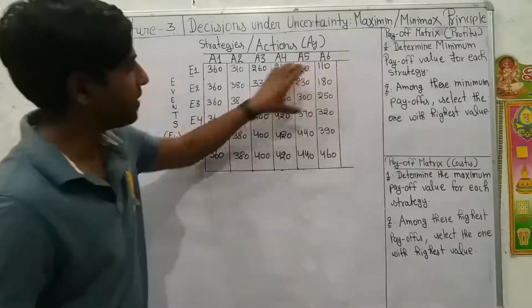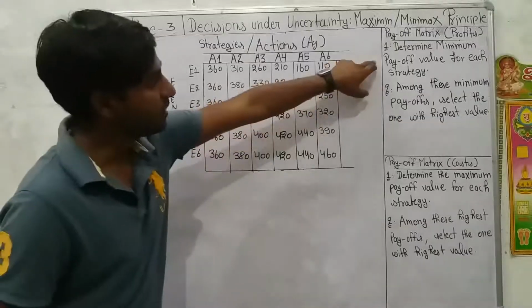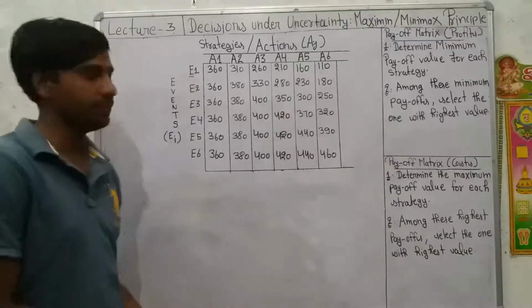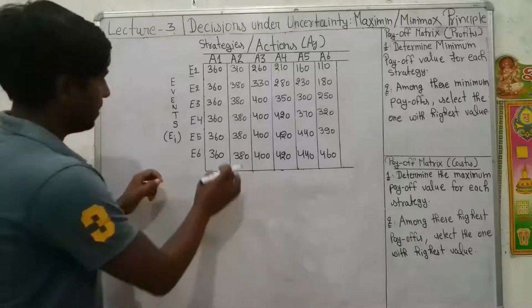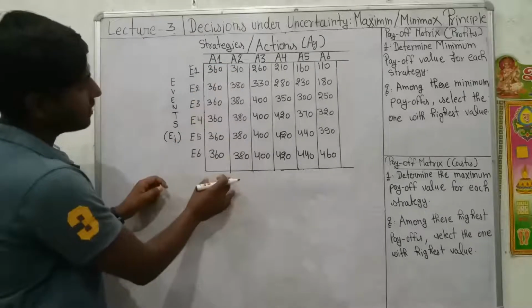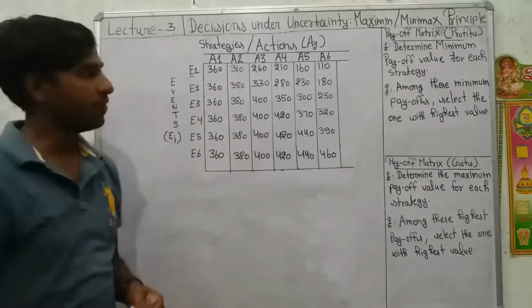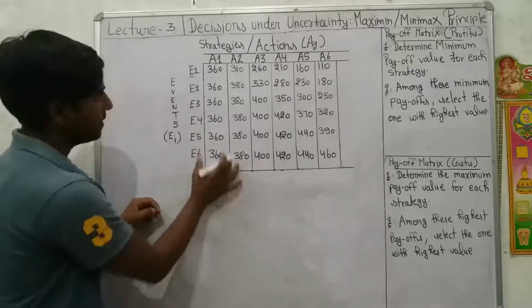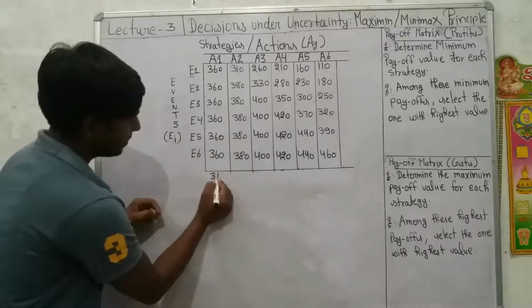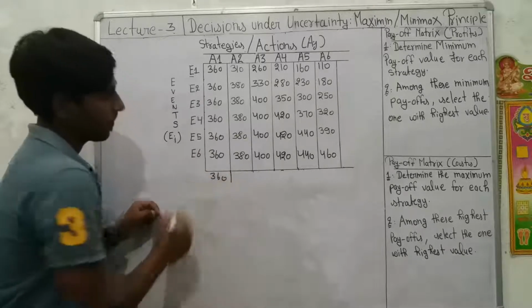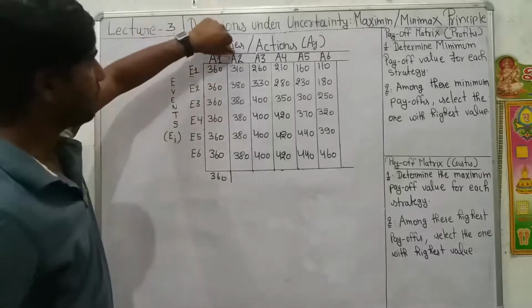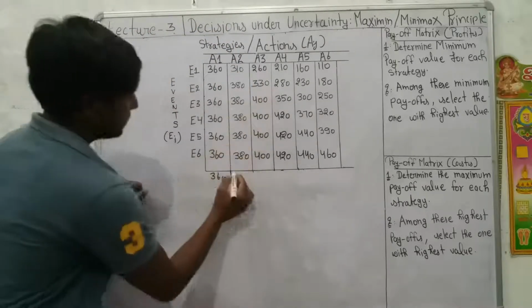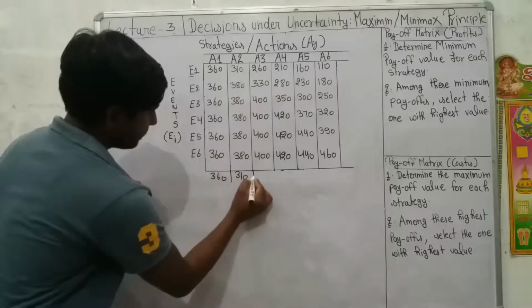When the information is given in form of profits, then what would be the first step? Determine the minimum payoff value for each strategy or each action. That means for each action we need to determine the minimum payoff value. And the minimum payoff value for the first action or first strategy is 360. Similarly, the minimum value for the second action in this column is 310.